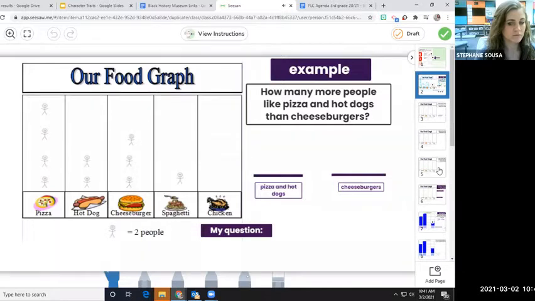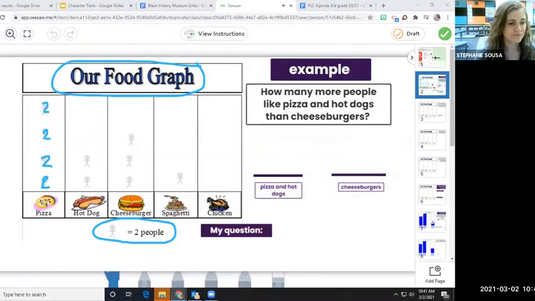So as we look at our picture graph, I notice that this graph is all about favorite types of food. And most importantly, I notice the scale at the bottom tells me that each symbol is equivalent to 2 people. So I'm going to skip count by 2s as I count my symbols. Sometimes we can label our symbols to help us remember that each picture is equal to 2.